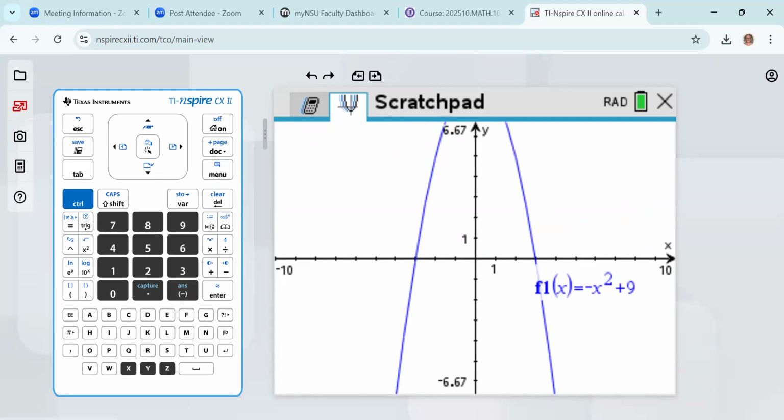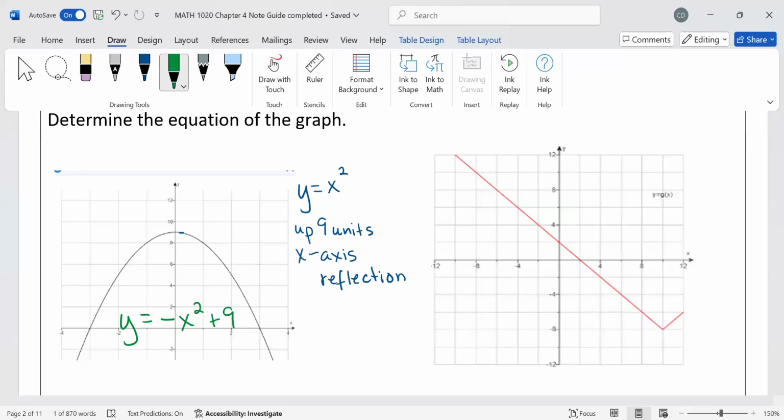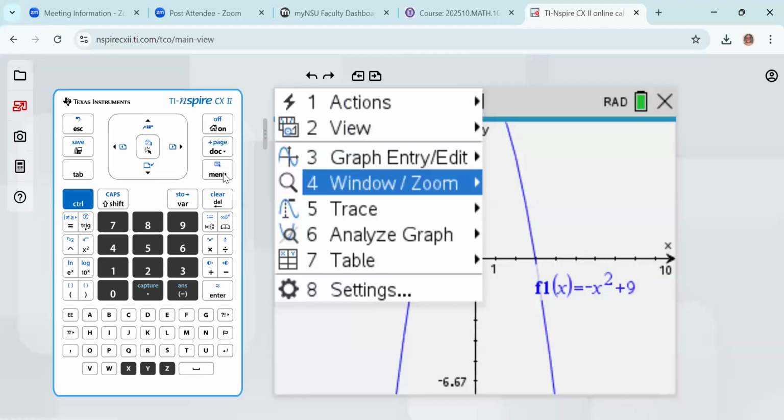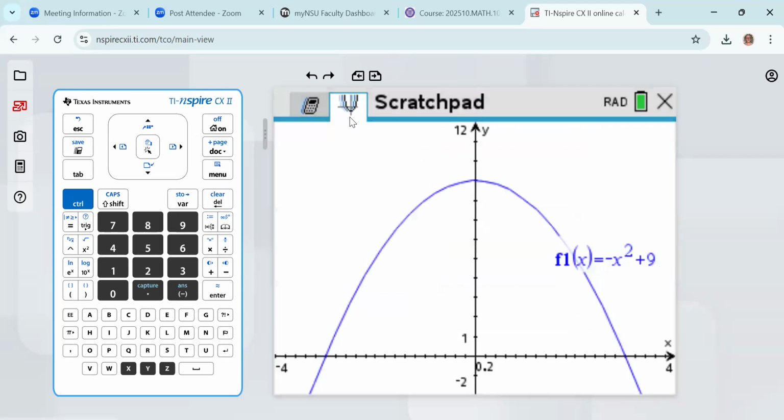Let's see what that window is. -4 to 4, -2 to 12. So this is where we first learned how to manually set your windows.